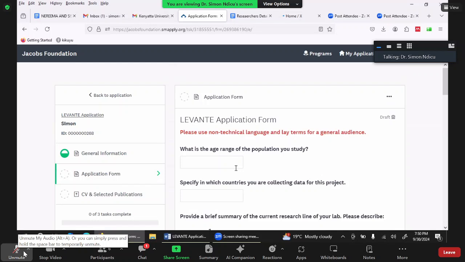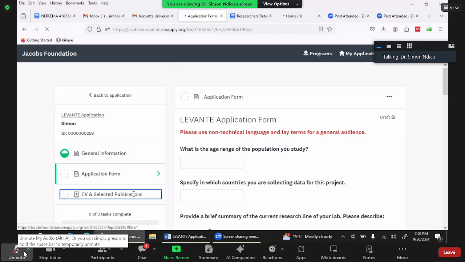For me, the agreement was that I register in the portal for us to be able to get information, and then once we agree as a team, the principal investigator will create a portal and then submit the call using his or her information as the principal investigator.